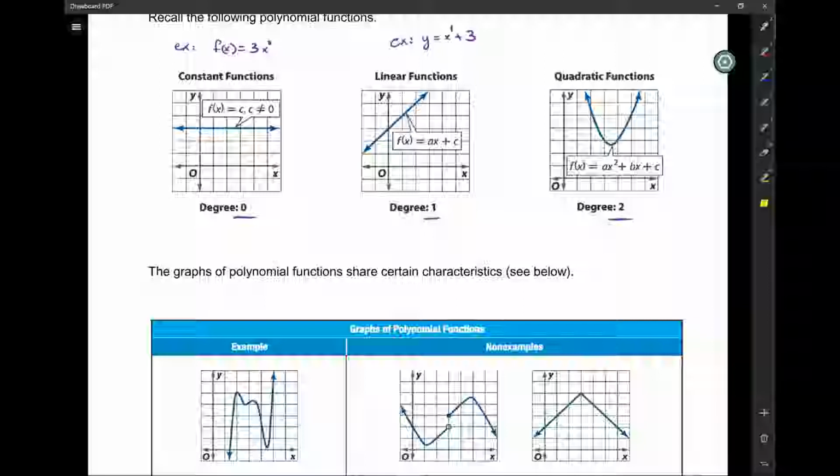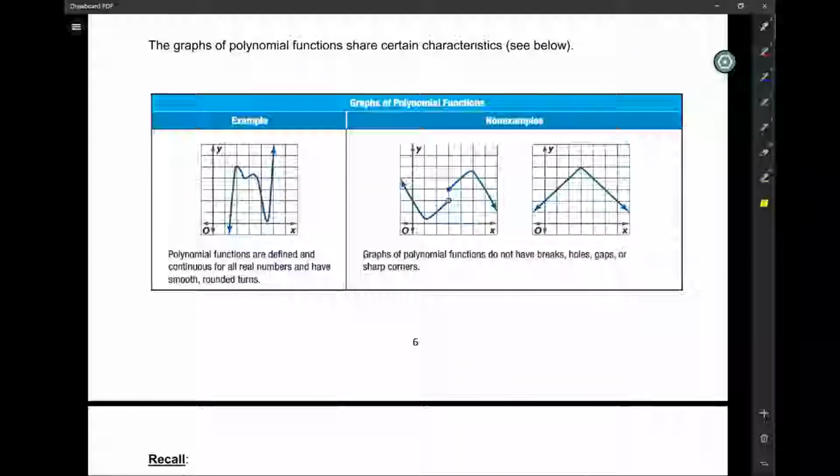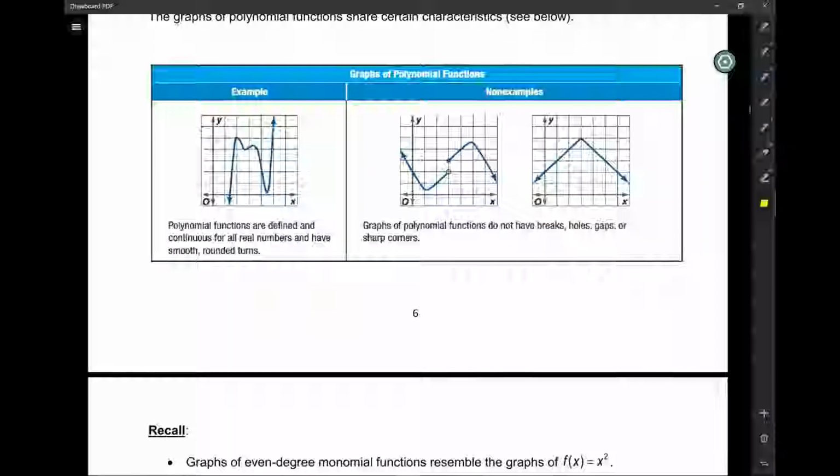Okay, so graphs of polynomial functions share some characteristics. So take a look at this polynomial. This is a polynomial function, right? So look at what it says here. Polynomial functions are, number 1, defined and continuous for all real numbers. All right?